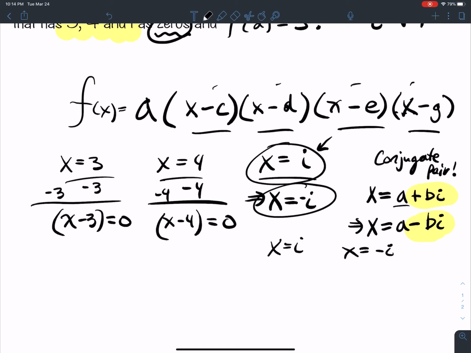For that particular one, the a, the real component, is just 0, like it's 0 plus i, so it's not really doing anything. So if I subtract i from both sides, I get x minus i equal to 0.